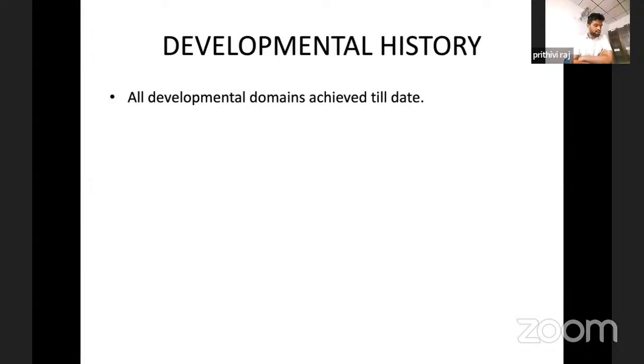Apart from that, what other thing will we be seeing? Normally, when you write the developmental history, you write all the 6 domains, not 4 domains. What are the other 2 domains which we should have mentioned here?